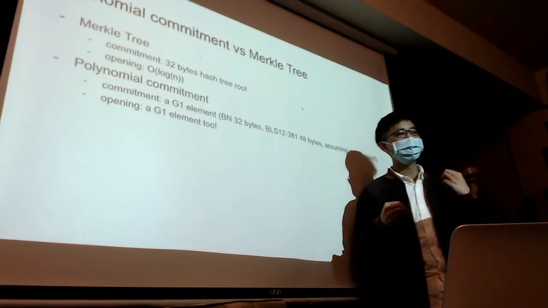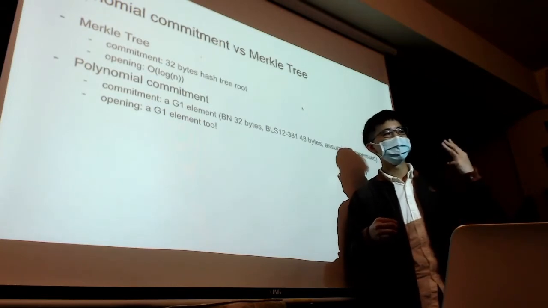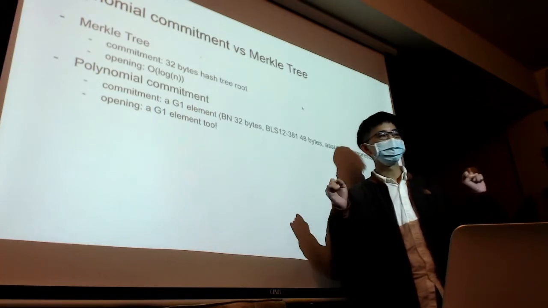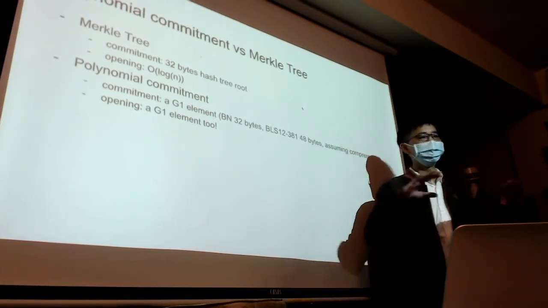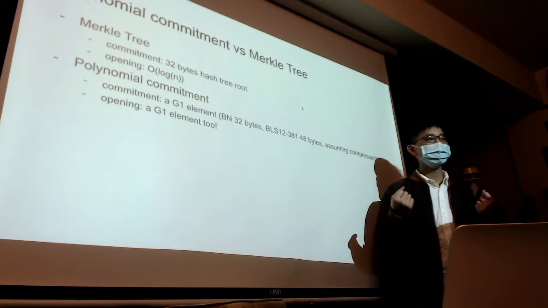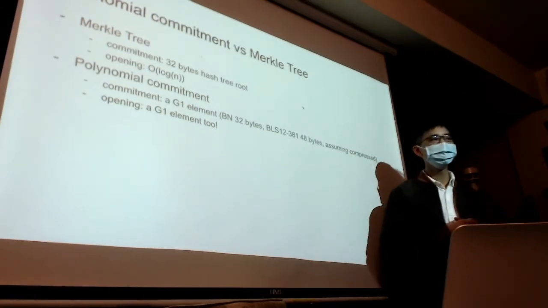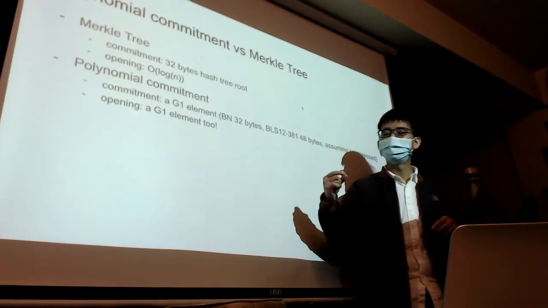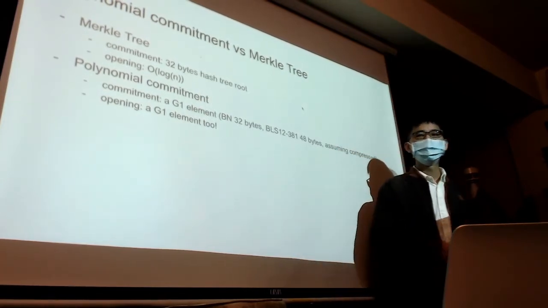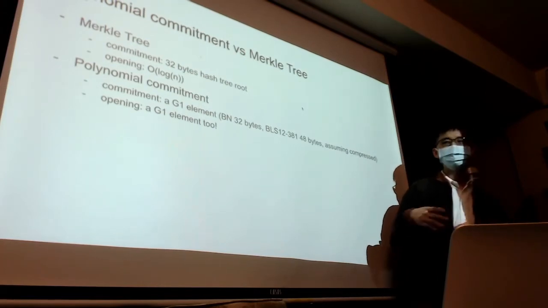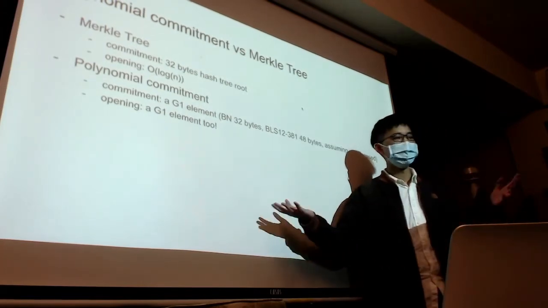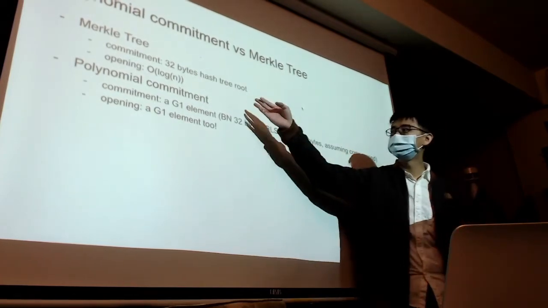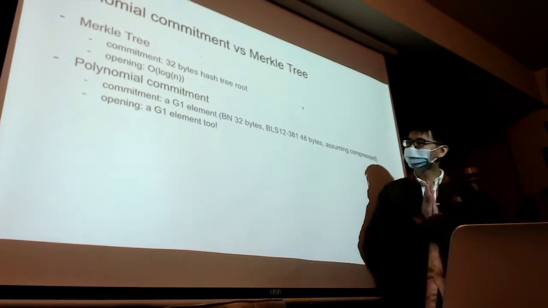Let's say you have a Merkle tree of 32 levels, and it can hold 2 to the power of 32, which is about 4 billion leaves. If you want to prove that a certain leaf is in that Merkle tree, you need to provide 32 hashes, 32 of 32 bytes, and you can prove to anyone, like a server or a blockchain, that this leaf indeed belongs to the tree that was committed to the blockchain.